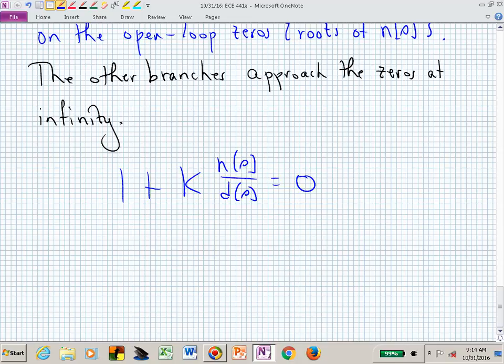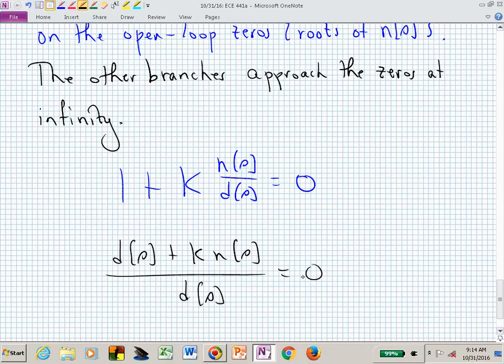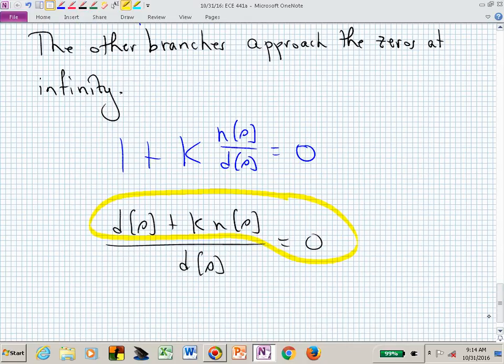But this is our characteristic equation with n of s and d of s identified. We want that to equal 0, and the best way to see that is to obtain a common denominator for both terms, which now says that really we're interested in this equation governing the behavior of the closed loop poles, d of s plus k n of s. And in this case, you can see that when k is 0, what values of s satisfy that equation?